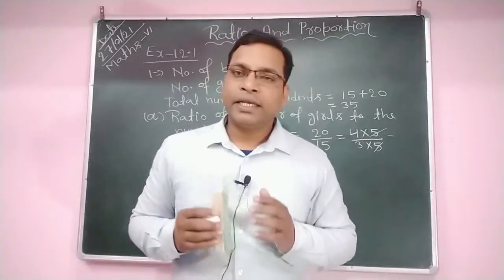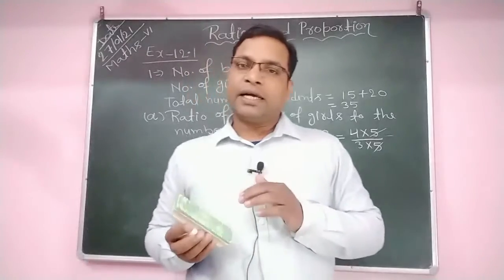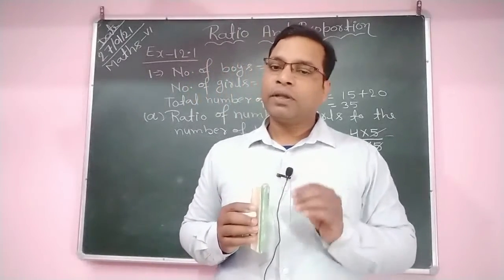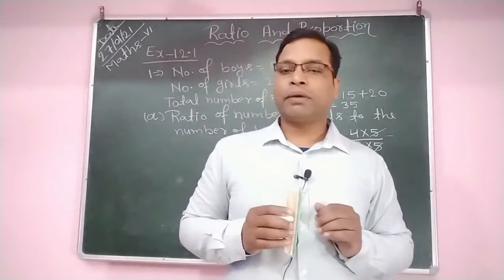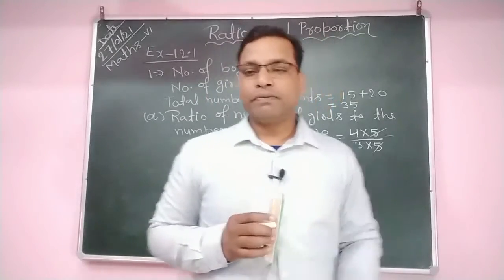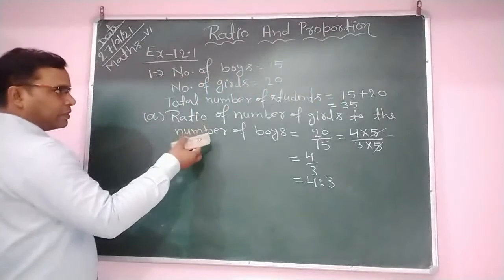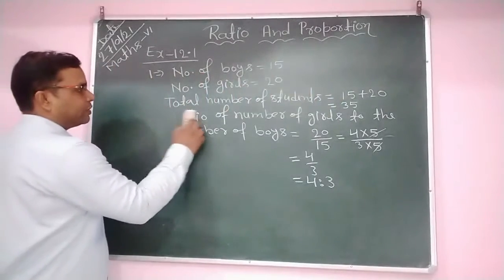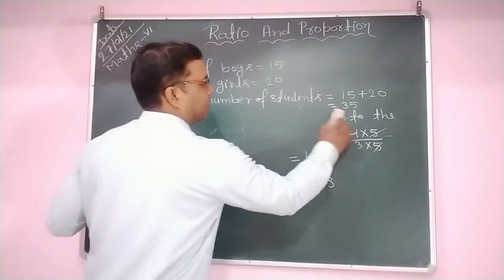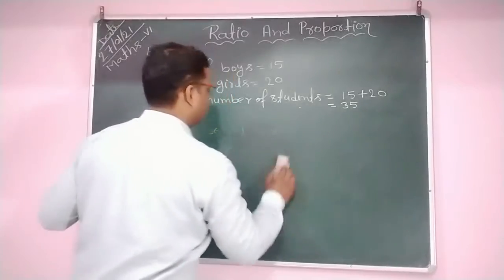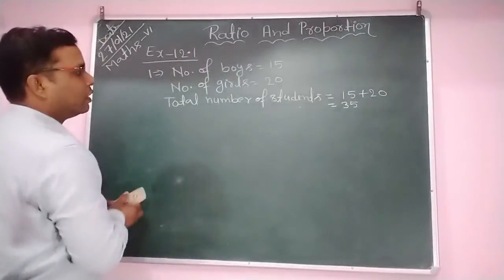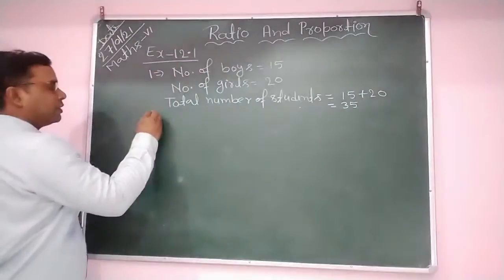So the total number of students in the class is 35. Now we need to find the ratio of the number of girls to the total number of students. So let's see. This was the first part; after this we find the second part of this question. This is the B part.